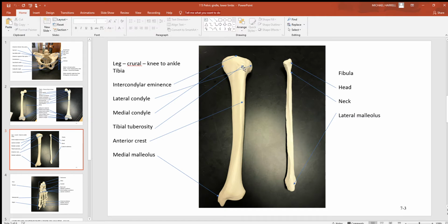There's a tibial tuberosity, a bump. If you feel that bump right there at sort of the top of what you think of as your knee, that's that big tibial tuberosity. That bump right there is where the big quadriceps femoris muscles insert. Just below that, there's the anterior crest. Now this ridge is what you think of as your shin. And again, there's that medial malleolus down there close to your ankle.